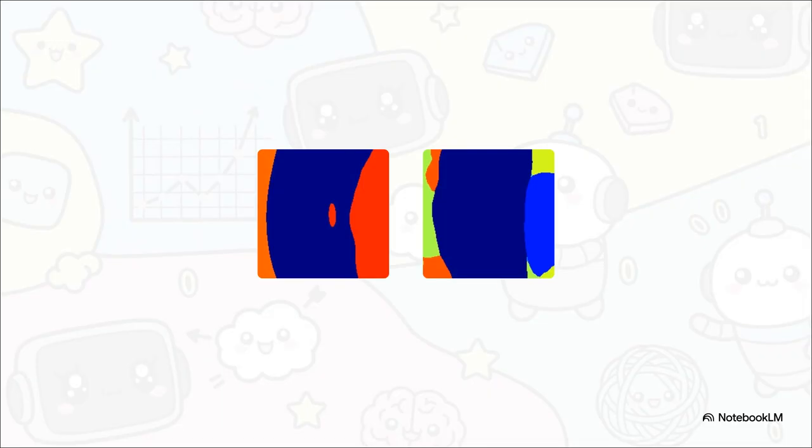Now, what you're seeing here are visual maps of how two completely different AIs, in this case VGG16 and GoogleNet, make decisions about an image. And at first glance, they look totally different, right? Kind of like two alien brains with completely unique wiring. Each of those colored zones represents a different classification, like cat, dog, boat, and so on.